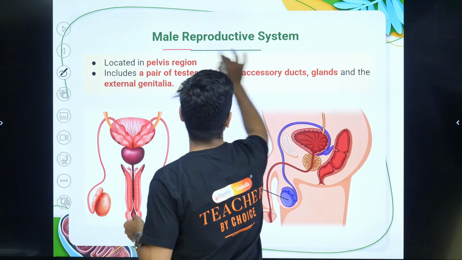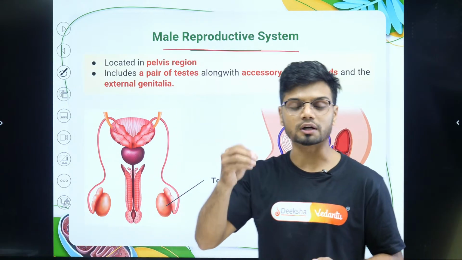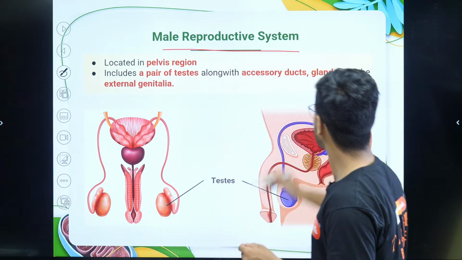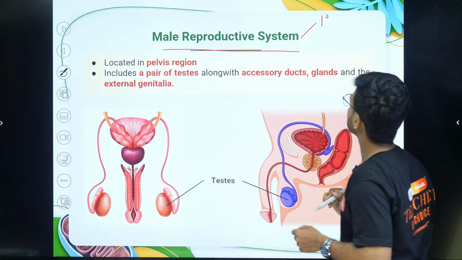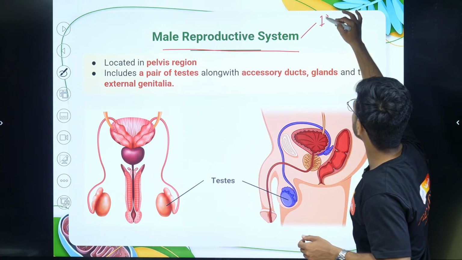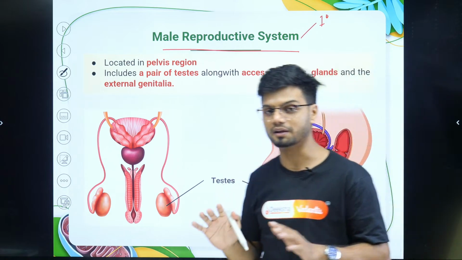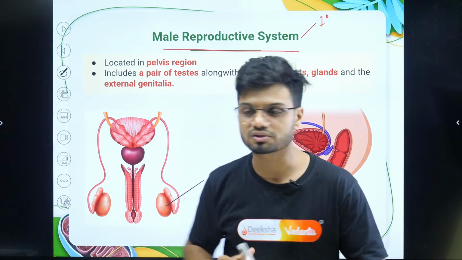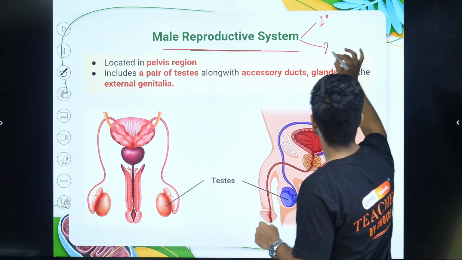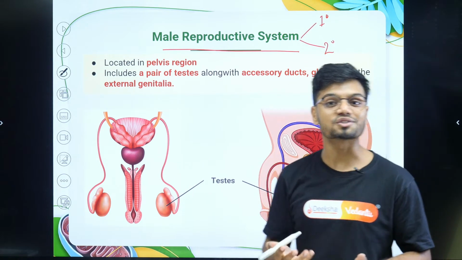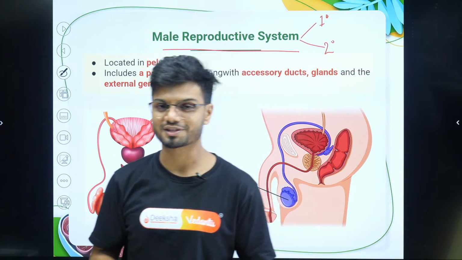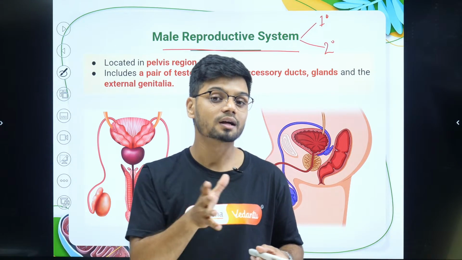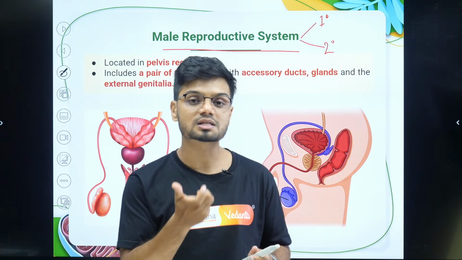So the male reproductive structure is divided into two types or two parts. The first one is the primary structure, and the other is the secondary structure. Now what are these primary structures? Primary structures are structures which are involved in gamete production, that is sperm production.